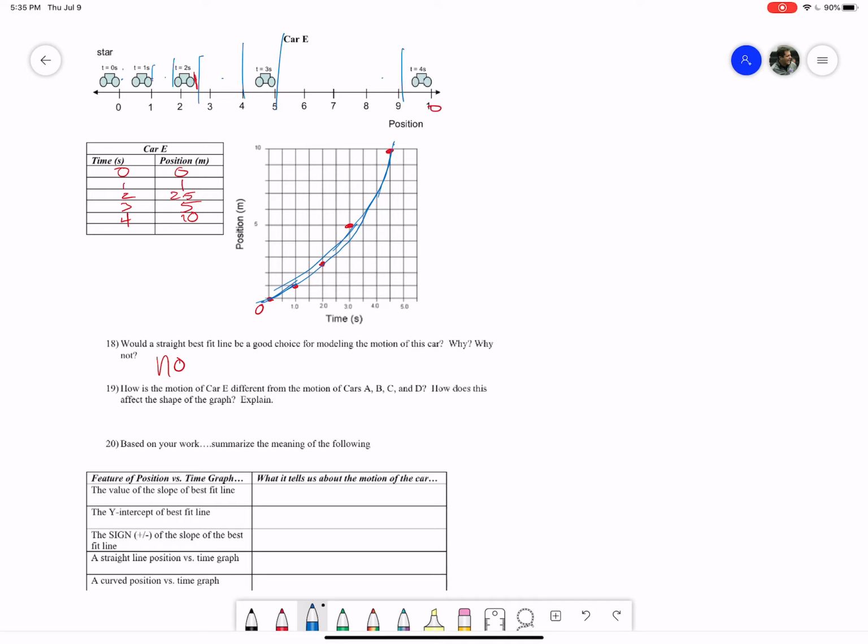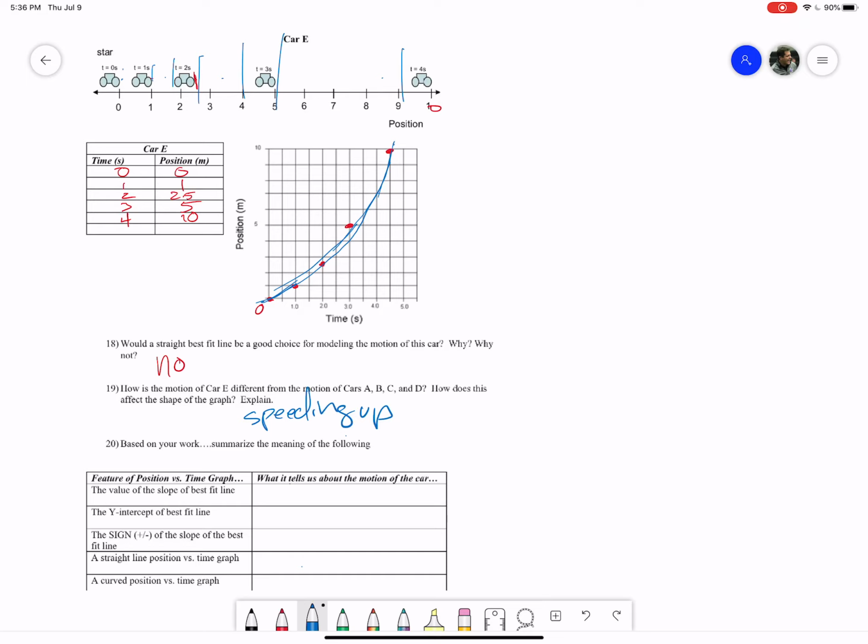So the motion is different because this car is speeding up compared to the other cars, A through D. They were all going at constant velocity. They're all going with the same speed the whole time. So the speeding up is probably why we can't get that straight line.